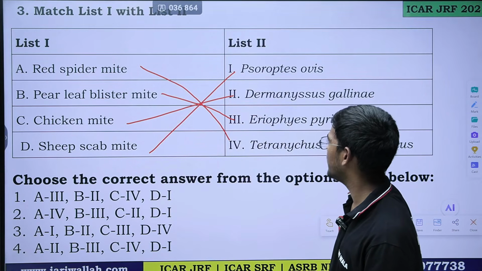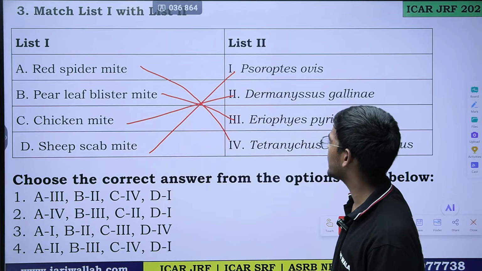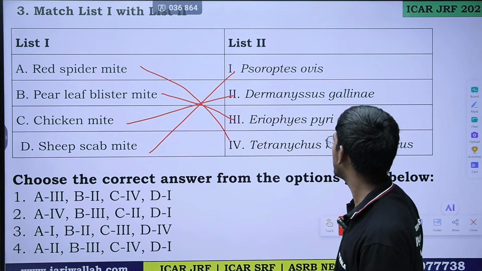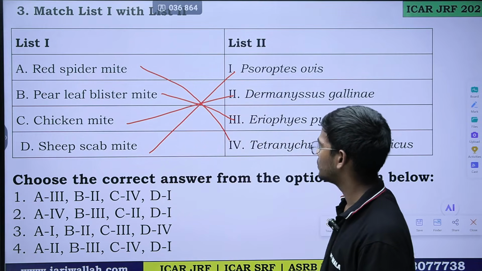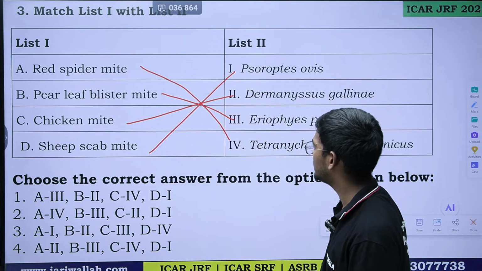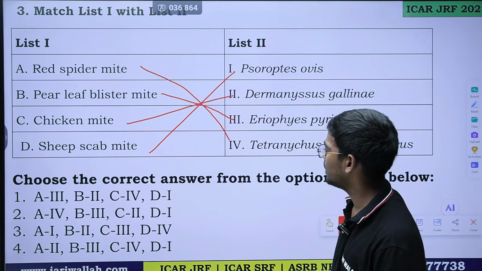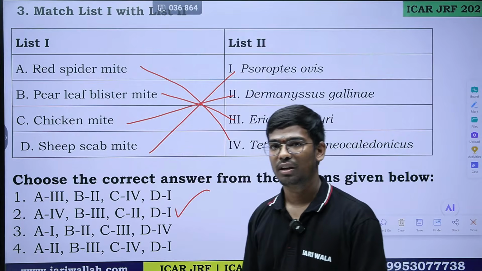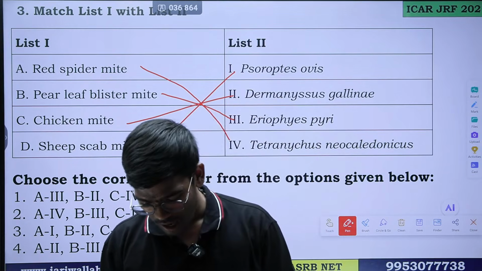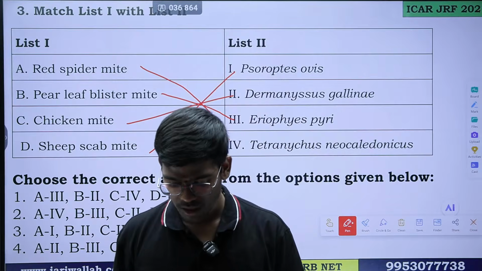Pear leaf blister mite is Eriophyes pyri. Chicken mite is Dermanyssus gallinae. Sheep scab mite is Sarcoptes ovis. So we got A4, B3, C2, D1, the second option. A few students responded, Anchal Gupta and Chaya Sahu. Good.